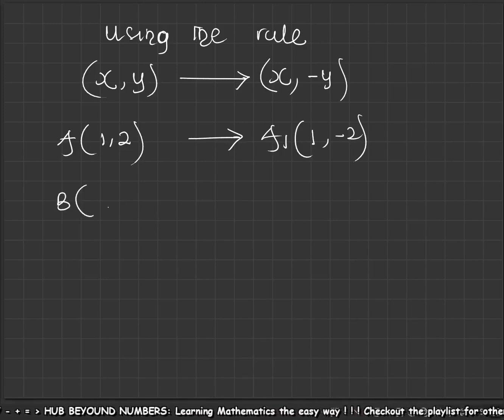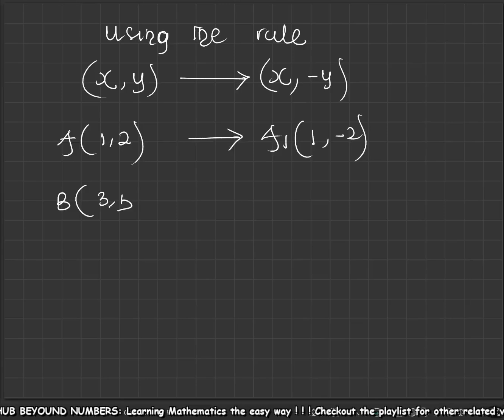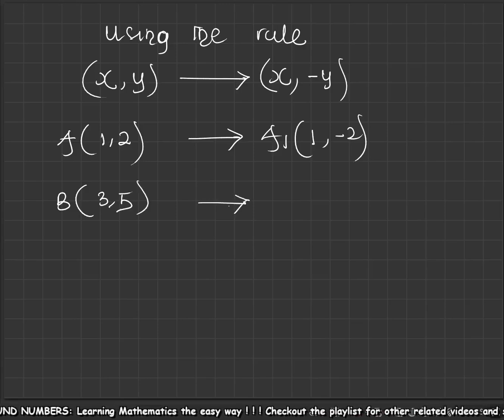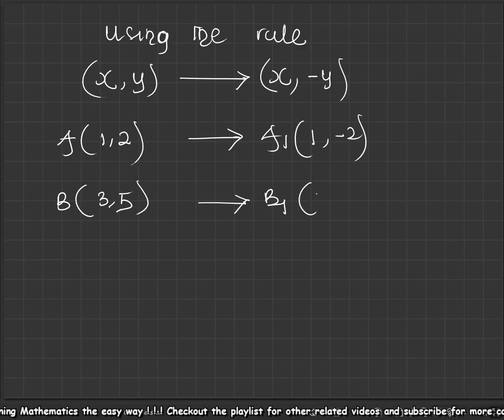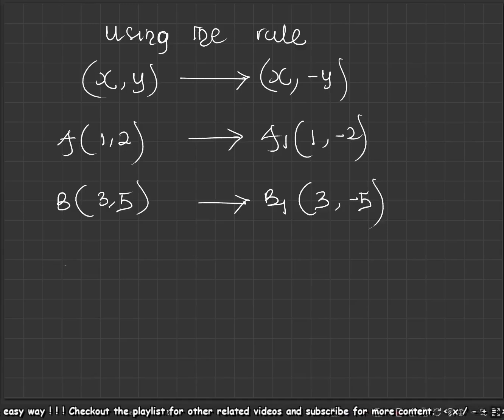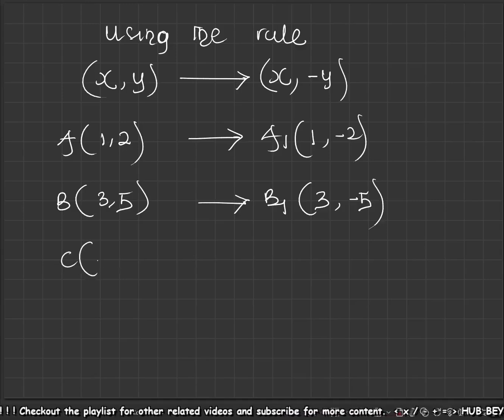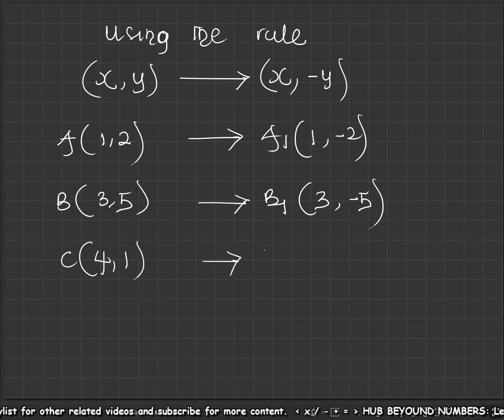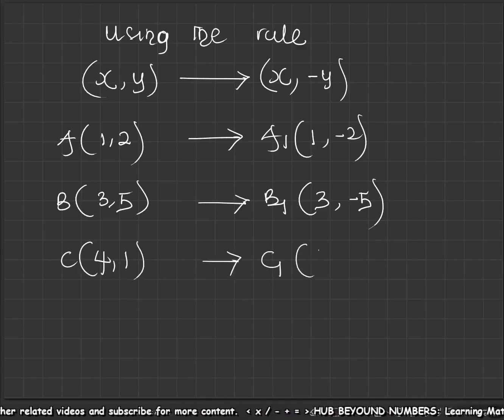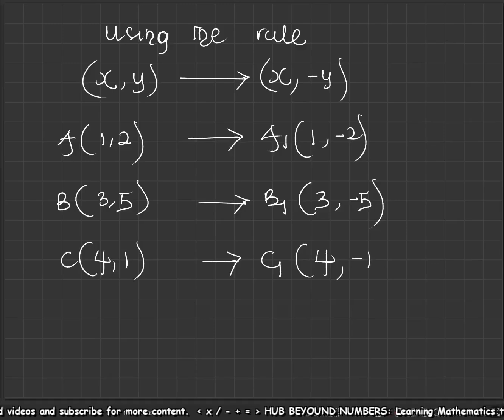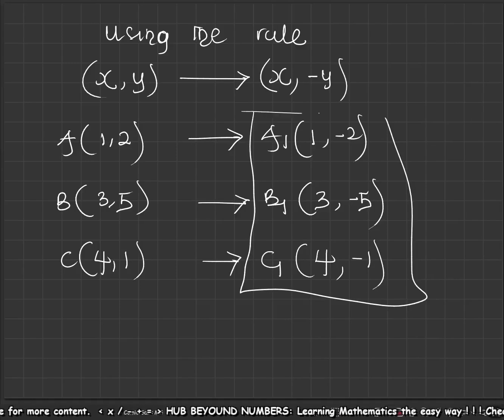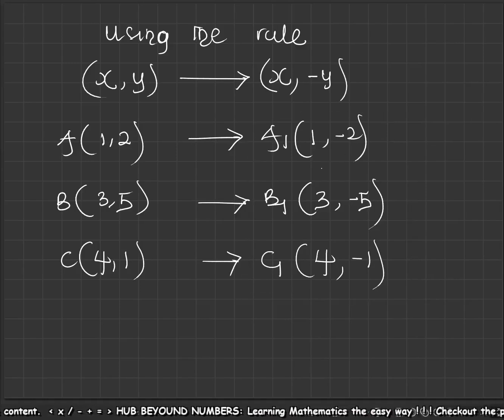Then B, which also had the coordinate 3, 5, if we reflect it over x-axis, we are going to get B1 with coordinate x being maintained and then y being negated. Then our final one, our C, with coordinates 4, 1, is also going to give us C1 with 4 maintained, y negated. So these are the points we are going to plot on our axis, you see.